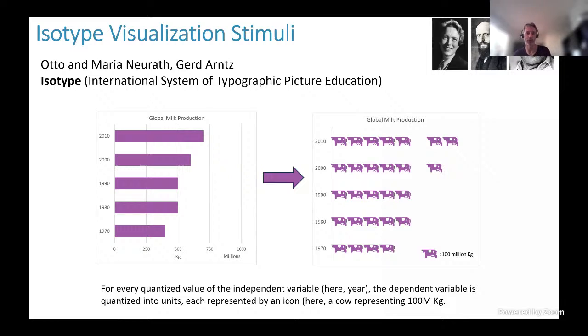On the left, you have the bar chart. On the right, you have the isotype representation of this bar chart. For us, this type of visualization is perfect for memorization in the memory palace environment, because icons are something that you know, and they help you anchor these items in a given location.